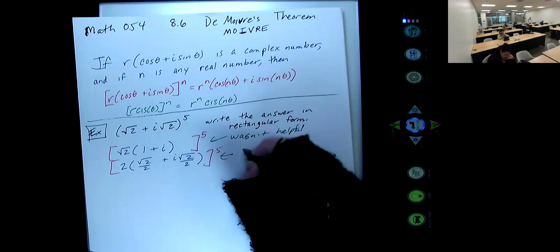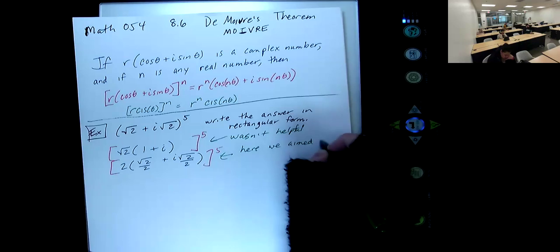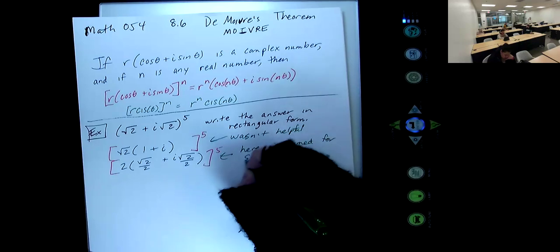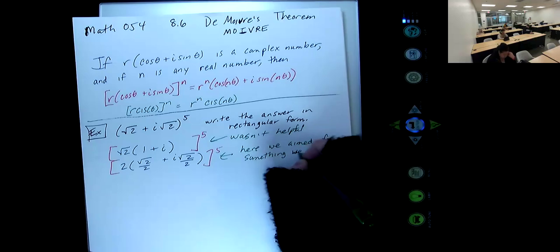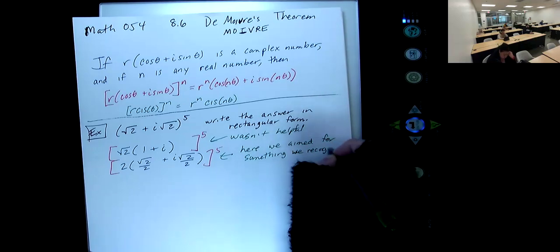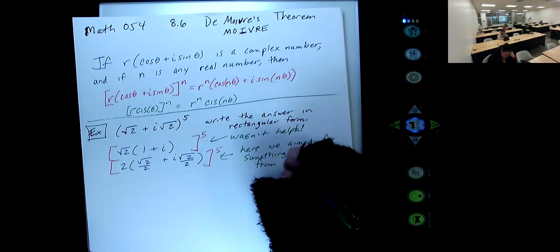So here we aim for an angle we recognize, from or based on root two.